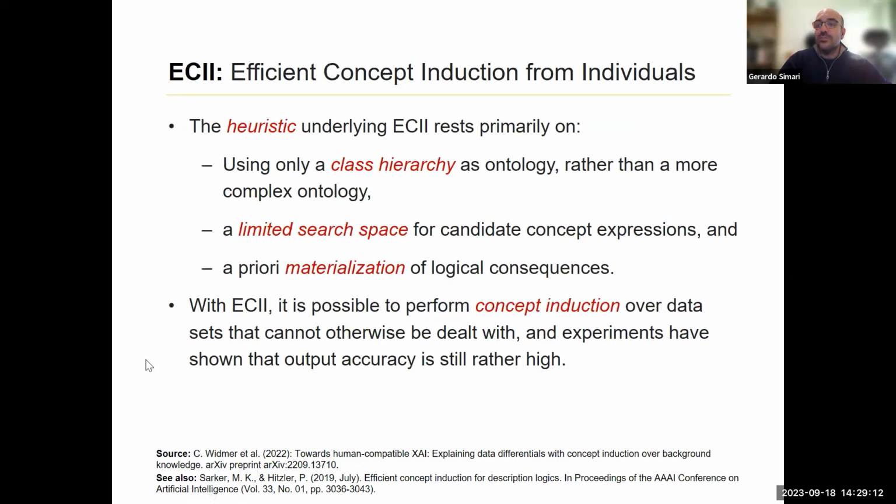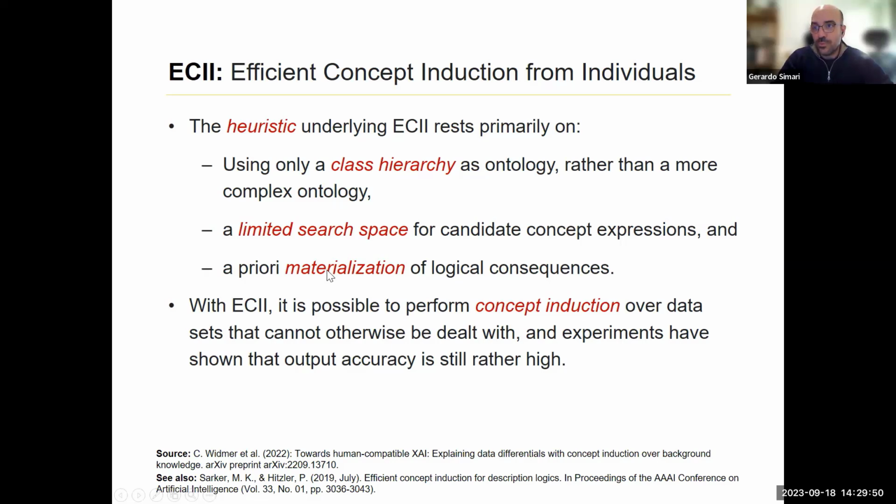So there's a heuristic on which this system relies, that is essentially using only a class hierarchy as an ontology rather than a more complex one. This makes it much more tractable. And there's a limited search space for candidate concept expressions, so they're not exploring the full space, and some a priori materialization of logical consequences, so they don't have that bottleneck either.